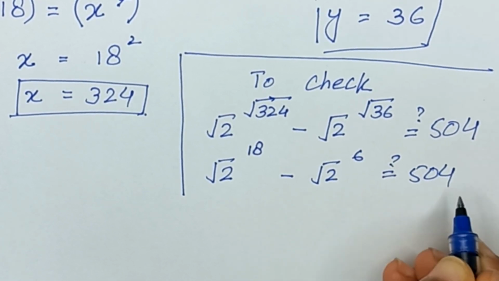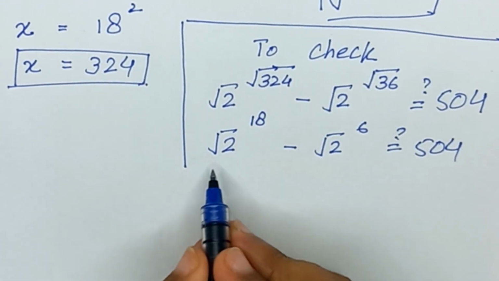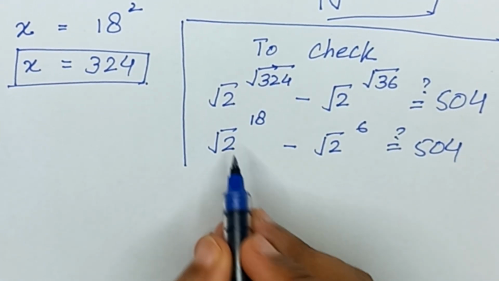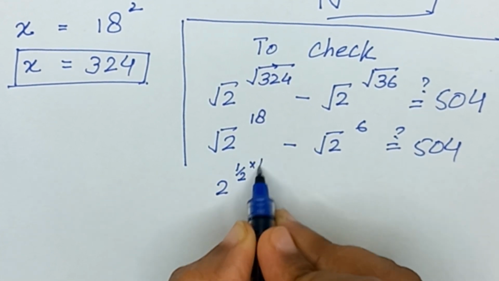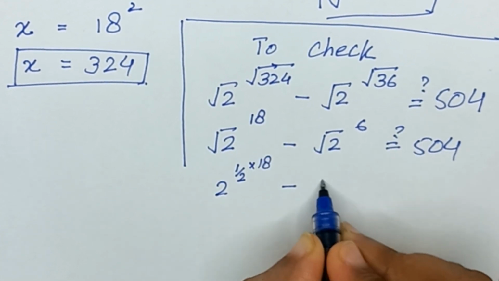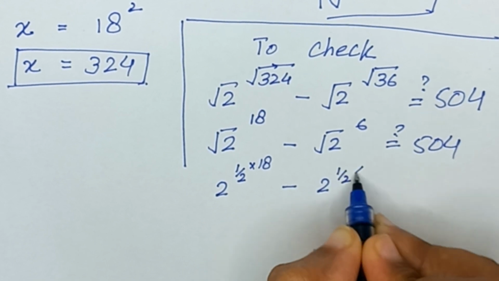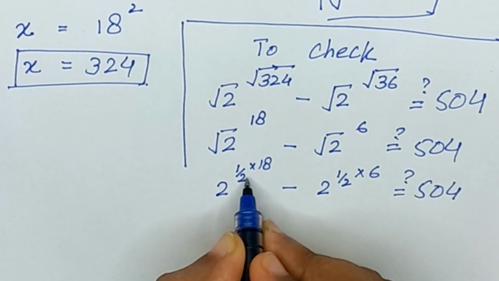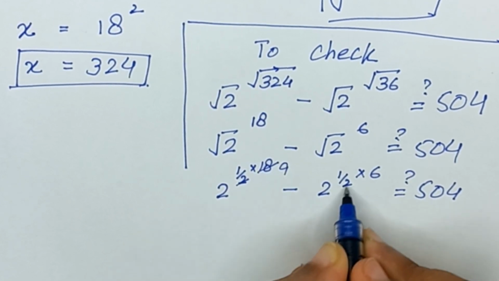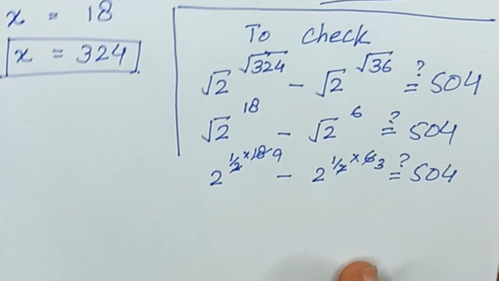So we can write this square root of 2 as 2 raised to the power 1 divided by 2, and this power will be multiplied with this power. So it will be 1 divided by 2 multiplied by 18, and 1 divided by 2 multiplied by 6. So from here it will become 2 raised to the power 9, and 2 raised to the power 3.